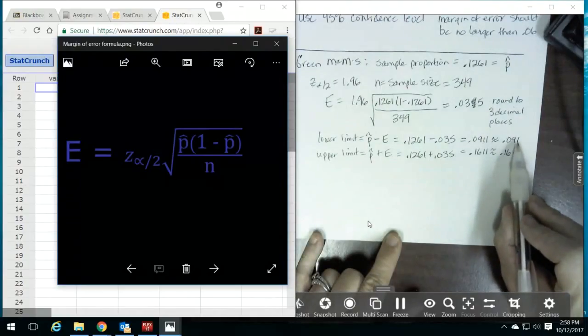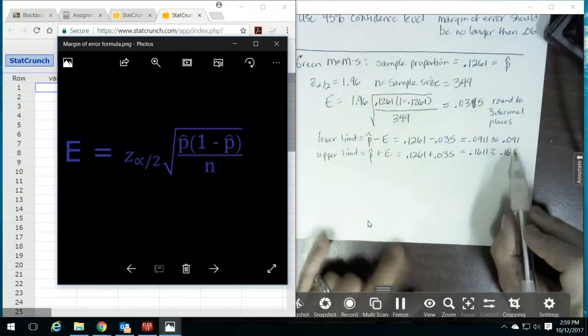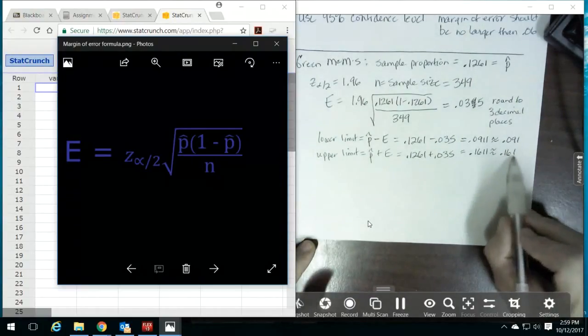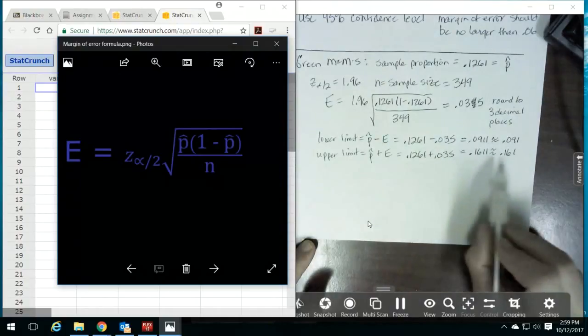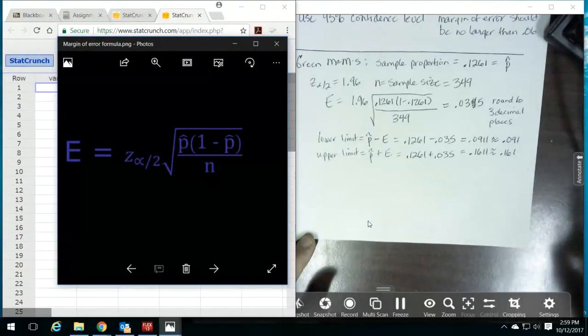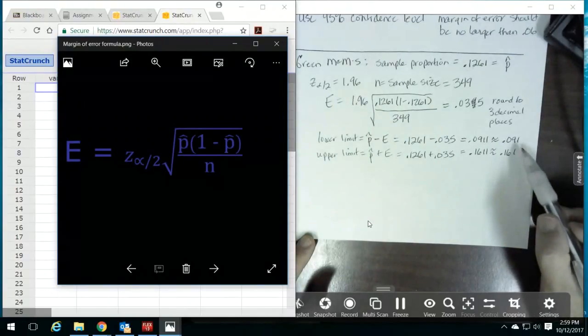Okay, so one thing about these, notice these are still in proportion in decimal form. If you want to list these as percentages, that's okay. Just move your decimal point over 2 places. Now that we're done with all those formulas, we can turn these back to percentages if we want to. Eventually, not in this assignment, but in next week's assignment, we'll be comparing these to what they had in the Mars Company letter.